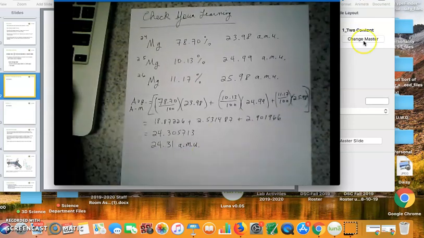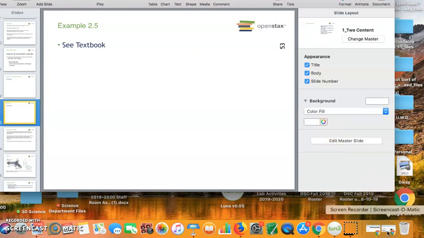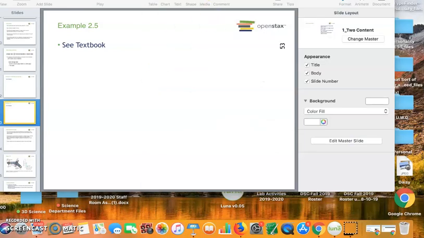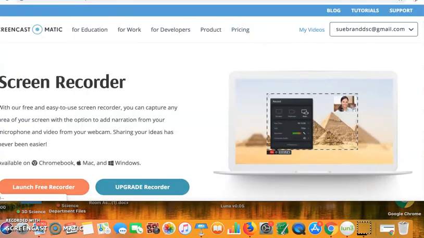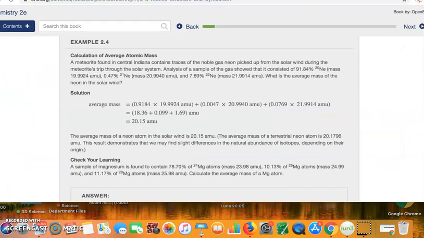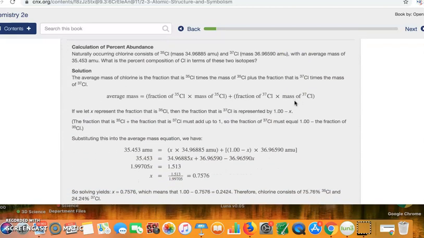Now, going back to our PowerPoint slide, we're going to do another example, example 2.5. Let me bring up your textbook here. All right, so your example number 2.5, just here from your textbook.